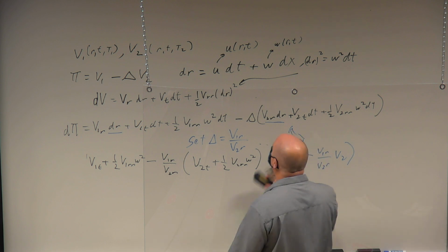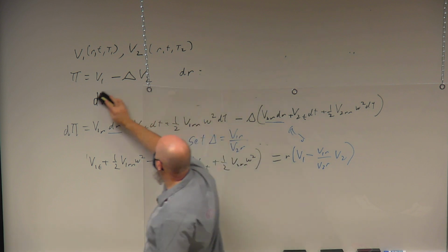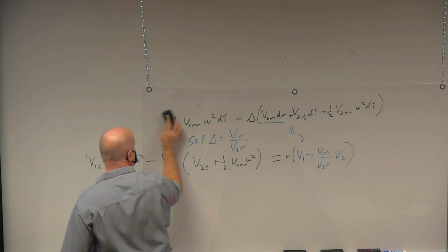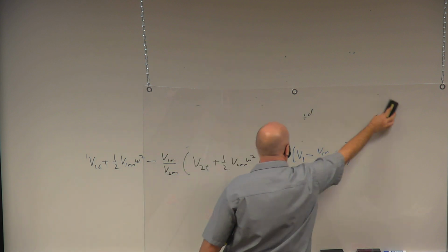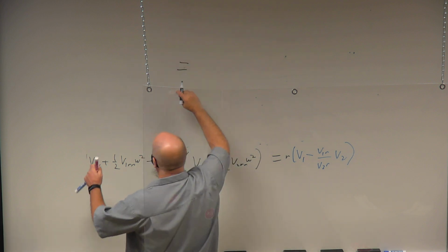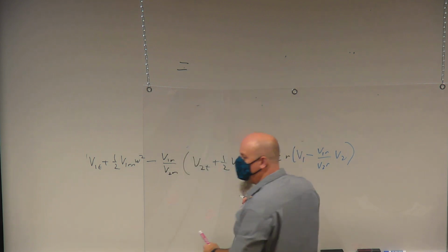I'm going to make some space to do some algebra here. But my goal is to have all the things with V1 over here and all the things with V2 over here.